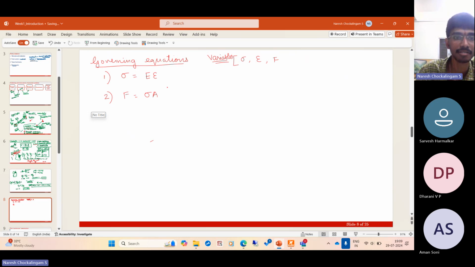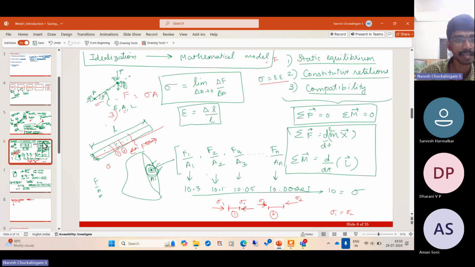What other equation can we get? You can list them. Strain is change in length by original length. In nonlinear mechanics, this strain measure is not really valid, but it's okay for starting.